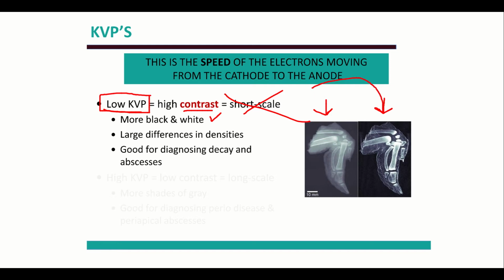So we're talking about this one over here. Large differences in densities, good for diagnosing decay and abscesses. Notice with this picture, we can see the bone, what's going on with the hard tissues and the bone really well, much better than we can in this picture over here.